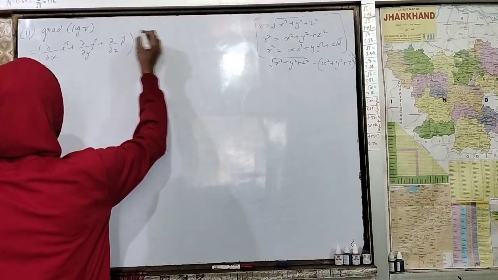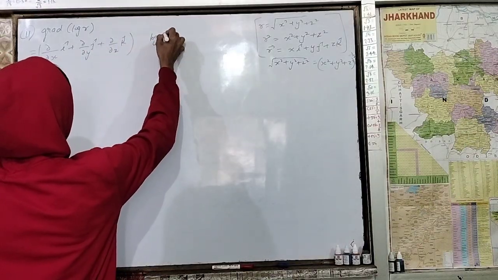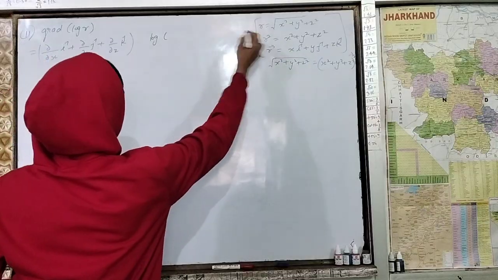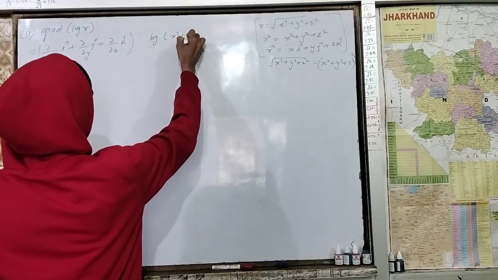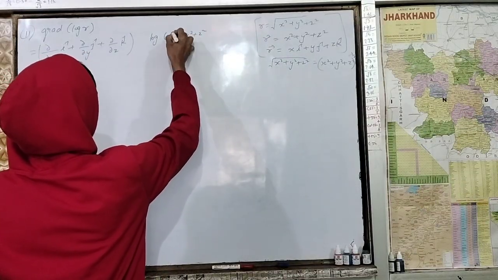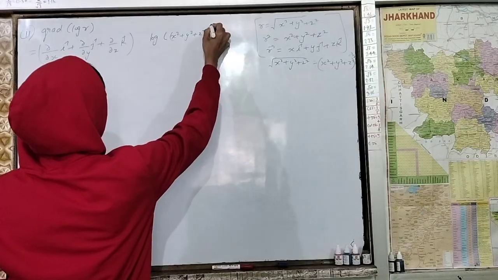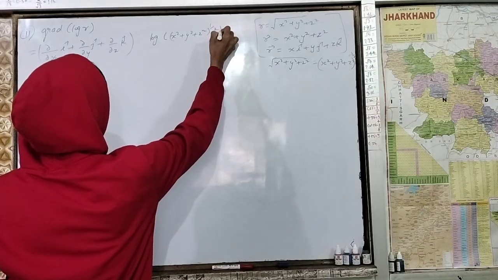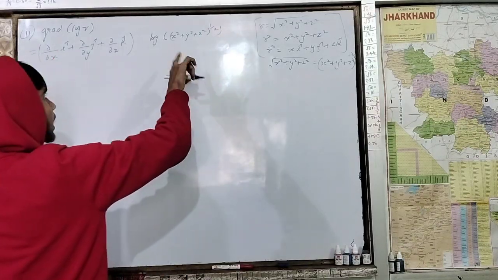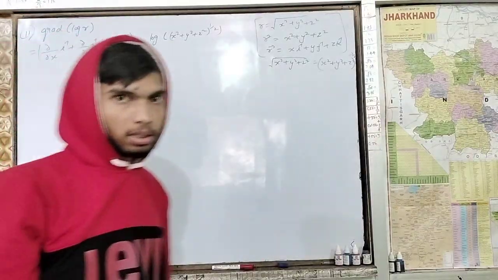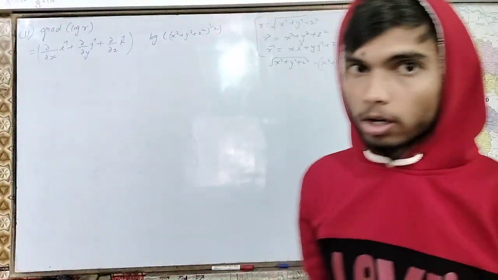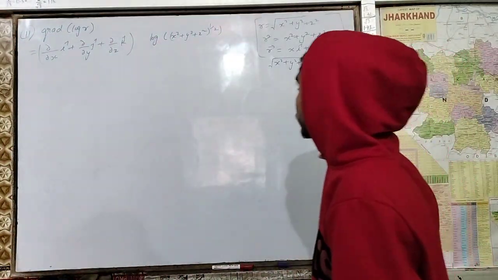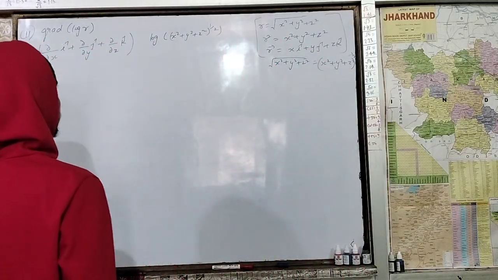Look at this. Log of x square plus y square plus z square, which is raised to power 1 upon 2. So log of x raised to power n is equal to n log x, here 1 upon 2 log x.